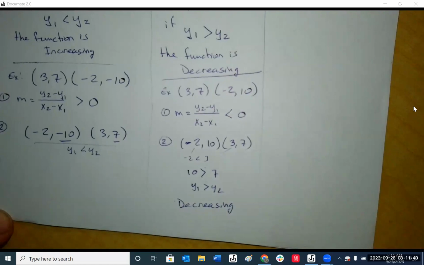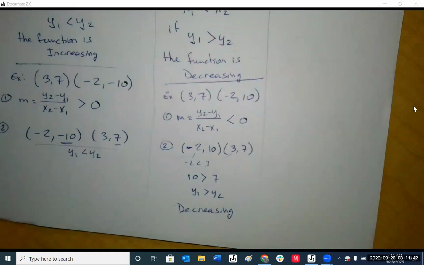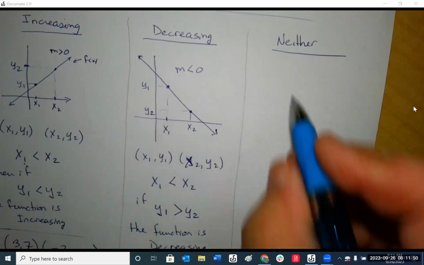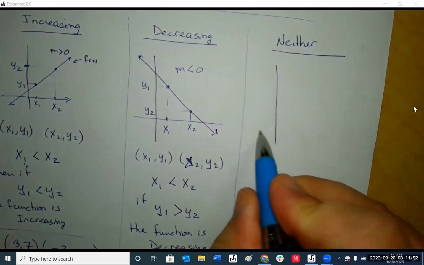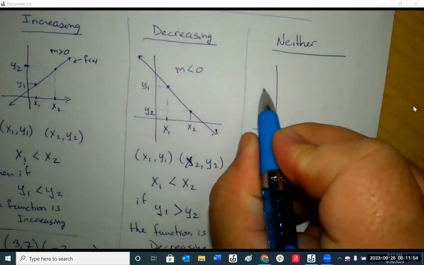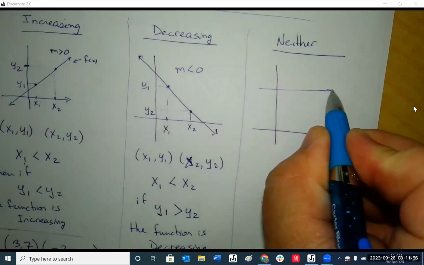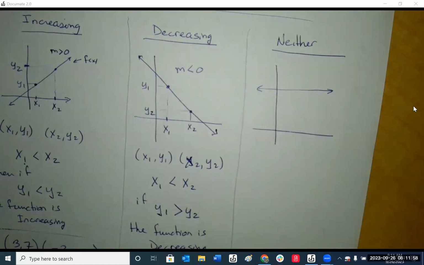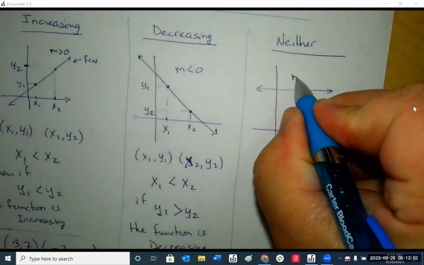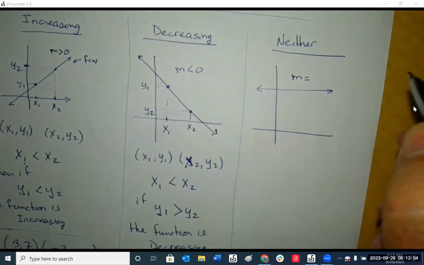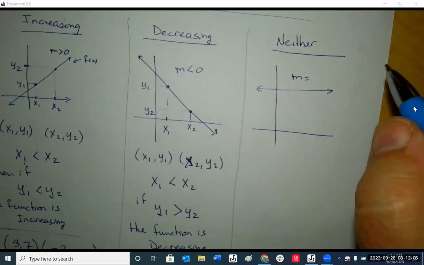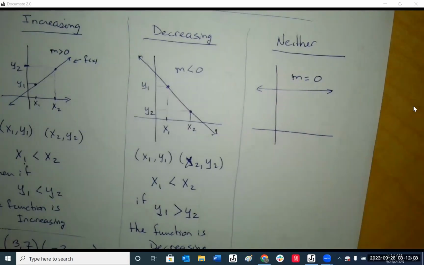If it's not increasing or decreasing, what else could it be? What would that mean, though? Horizontal, yes. What's the slope of a horizontal line? 0. Very good.